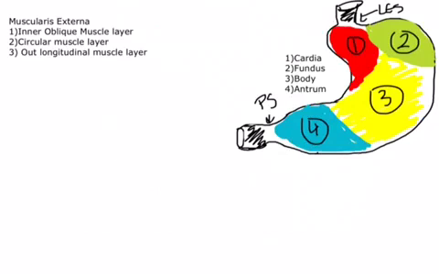The circular muscle is the middle layer of the muscularis externa, and it's the most prominent and the most complete layer. It goes throughout the entire stomach, so we'll see it from the lower esophageal sphincter here to the pyloric sphincter.